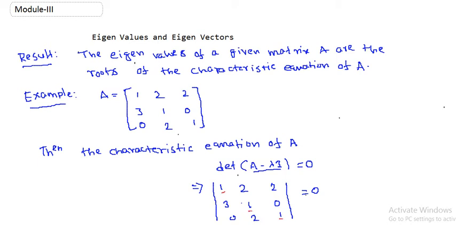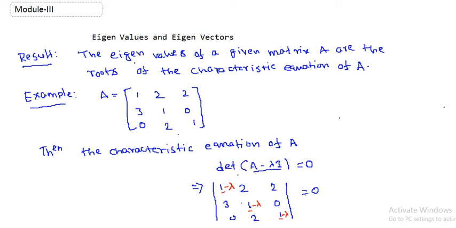We just subtract lambda from each of the principal diagonal entries. So here we get 1 minus lambda, 1 minus lambda, also 1 minus lambda, and all the other entries are the same.